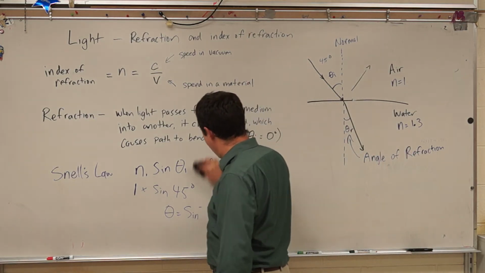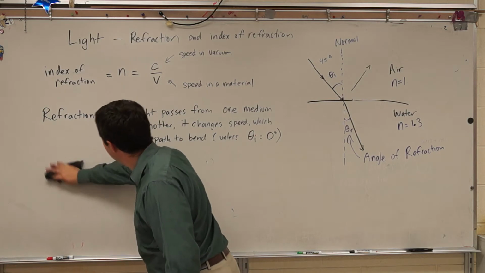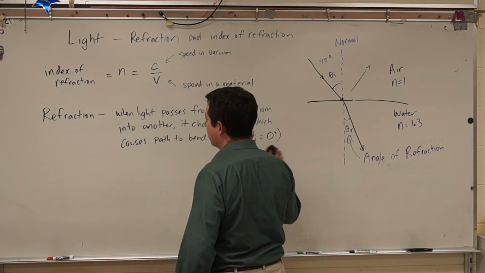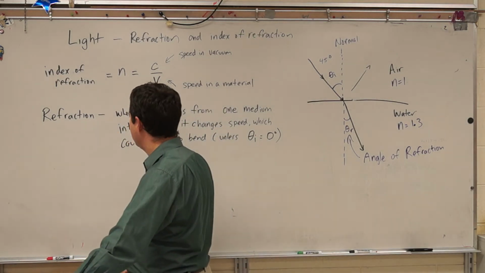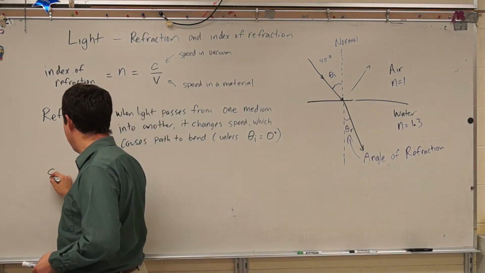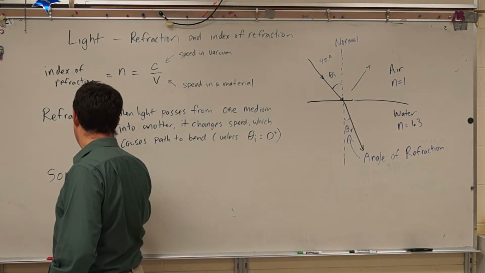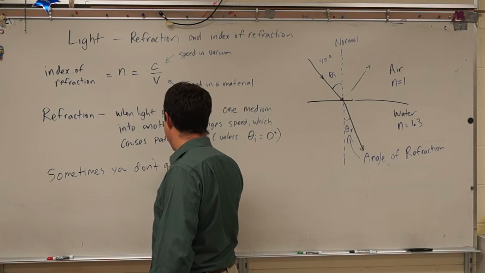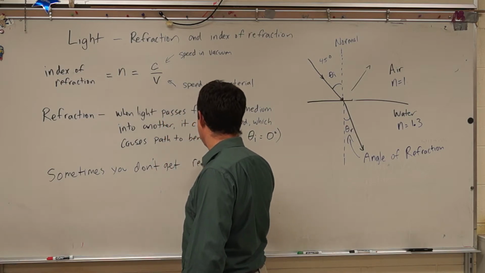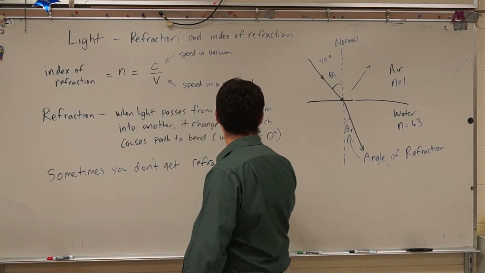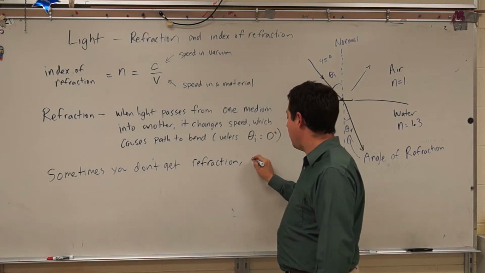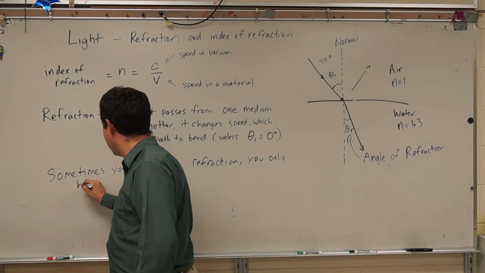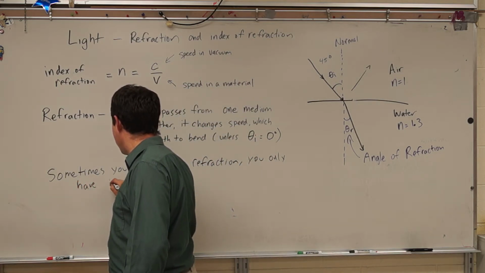There's one other thing I want to get to, which is called total internal reflection, which is related to refraction. So sometimes you don't get refraction, even if you have something like water and air, you only have reflection. And it's a special kind of reflection.